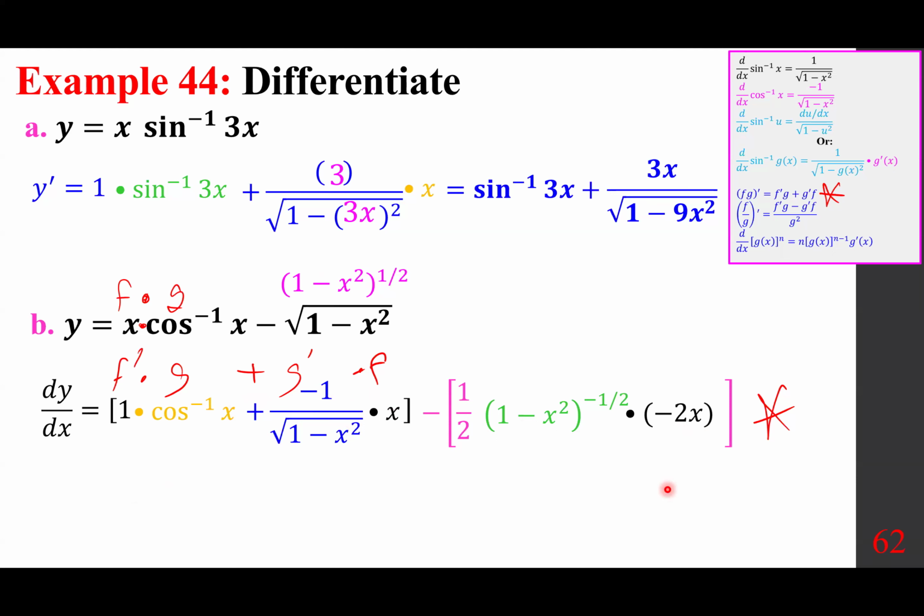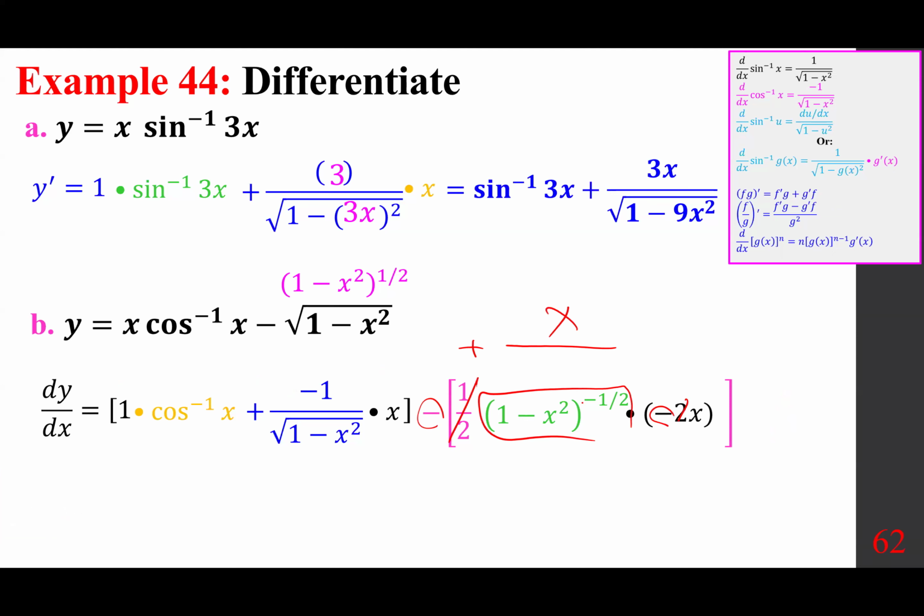I want to make sure we understand this. So first of all, this 1 half and these two cancel each other. This negative and this negative give us plus x, and this one goes down and takes a positive exponent, which is the square root.